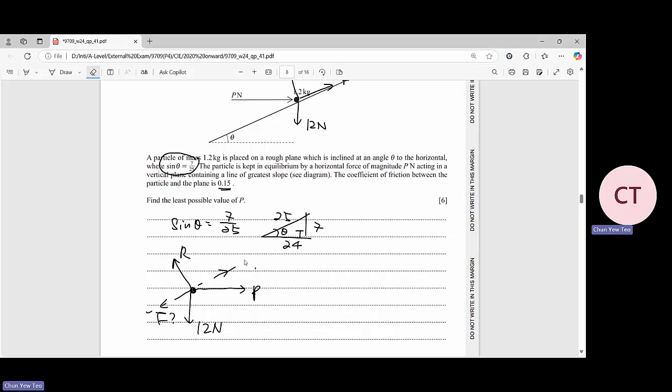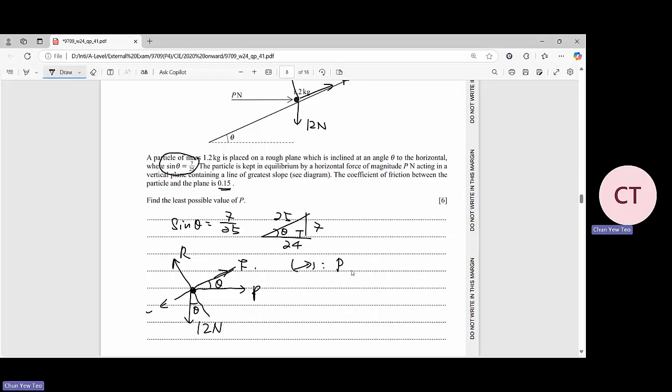So the frictional force is supposed to be in the same direction as P when we resolve parallel to the plane. You need to make your frictional force go up like this, because if you resolve the forces this way, then it will be P plus F. P, this is the theta.